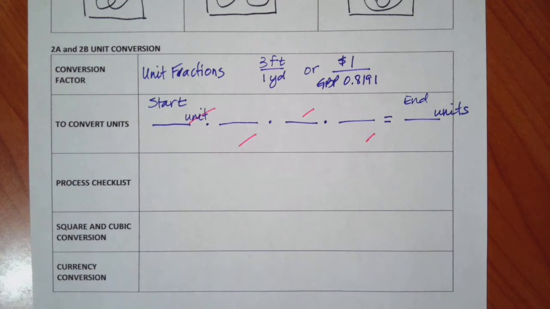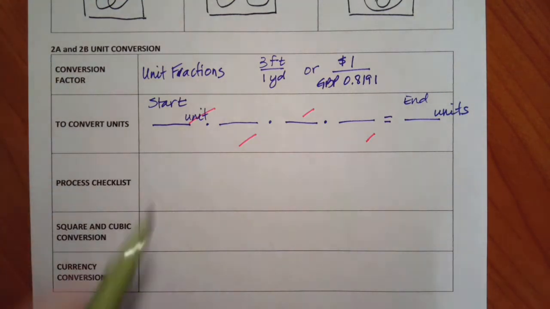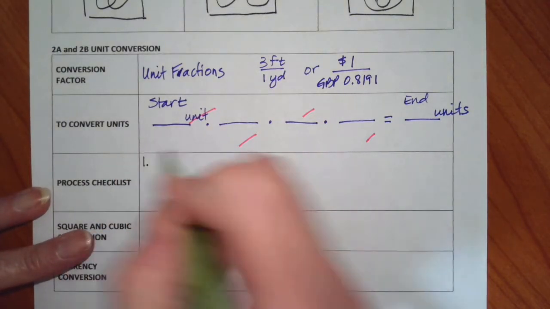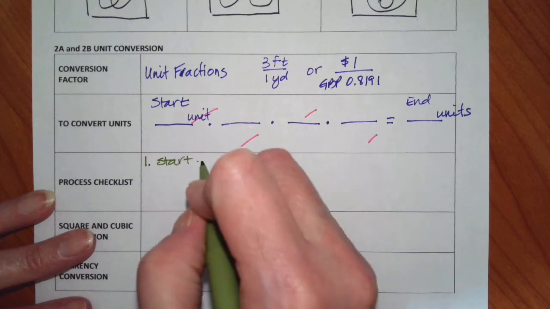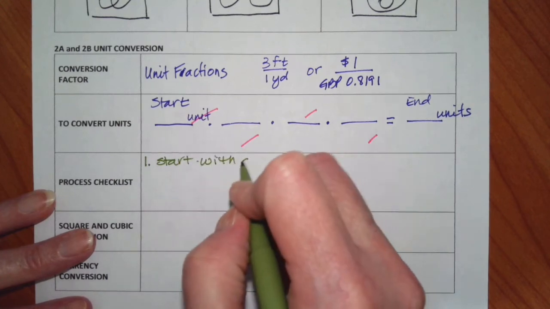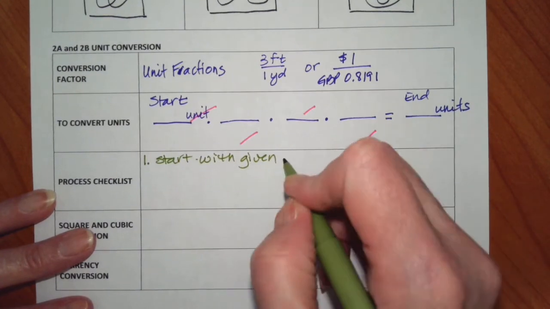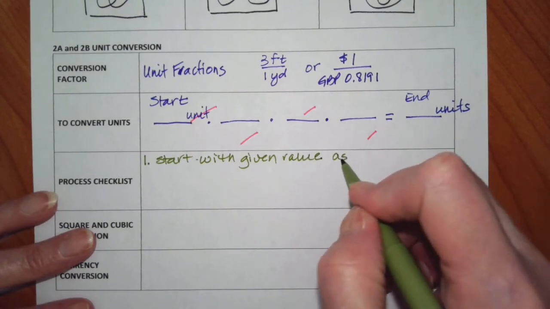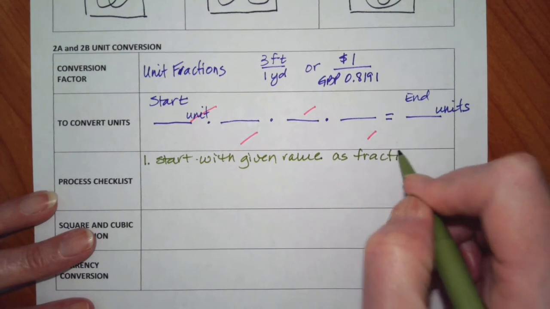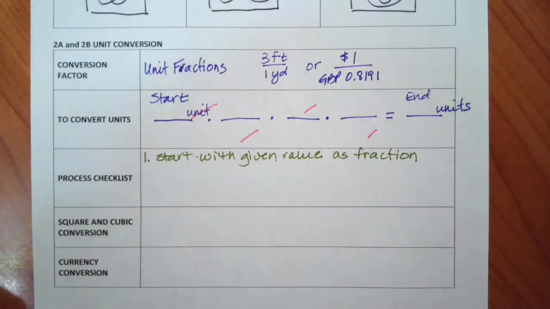There is a process for this, and our process is you are going to start with your given value as a fraction, and make sure you include the units.